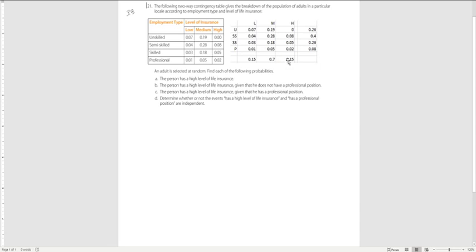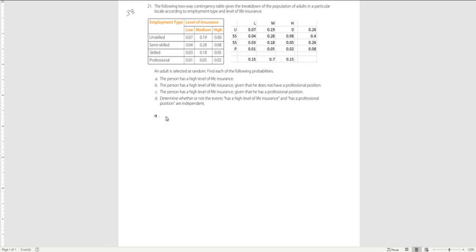I know there are going to be things across all levels of insurance or across all skill sets, so adding up those probabilities and having them available is going to be handy in this particular problem. So you can see the way I did that, taking it and putting it into Excel as a nice computing tool you can use in these type of problems.